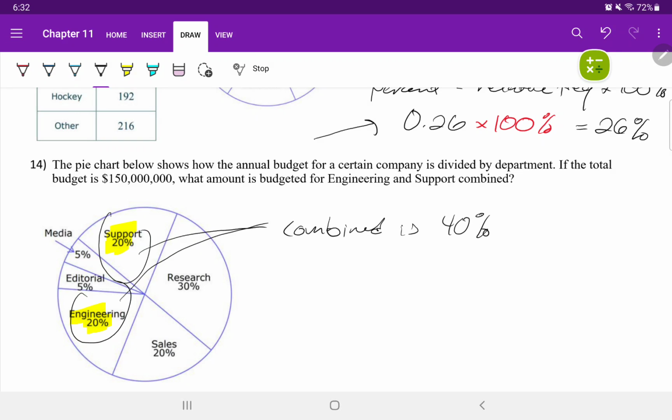So that means 40% of the annual budget goes towards engineering and support. To find out the budget for engineering and support, we need to find 40% of $150 million.